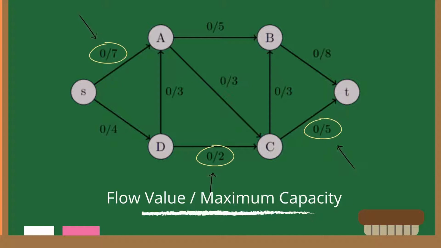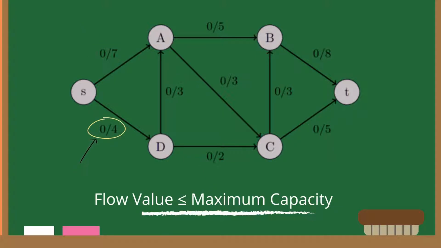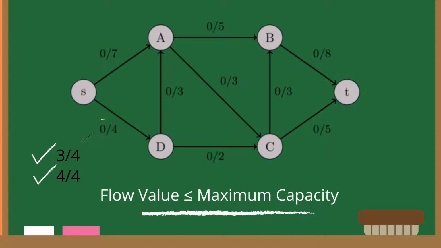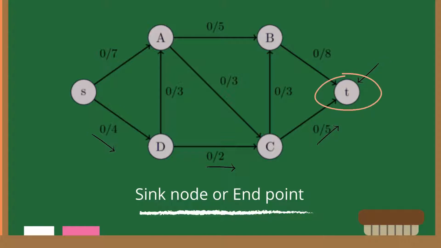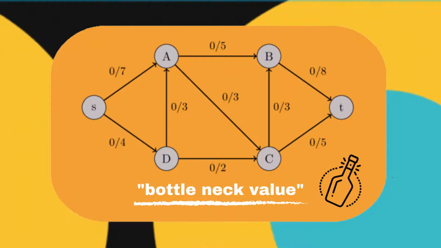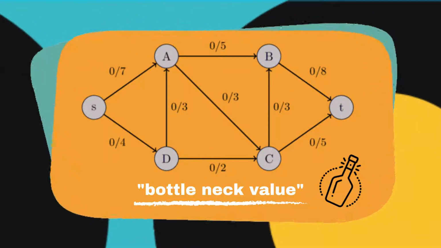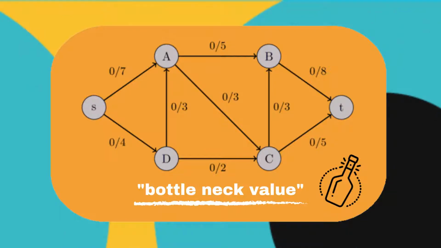Now, it is important to know that the flow value must be less than or equal to the maximum capacity of the edge. If the flow value were to exceed the capacity, then the graph would automatically be wrong and the maximum flow would not be found. Finally, the corresponding flow will go to the sink node. Essentially, the maximum flow is a bottleneck value for the amount of traffic the network can handle from the source to the sink node.